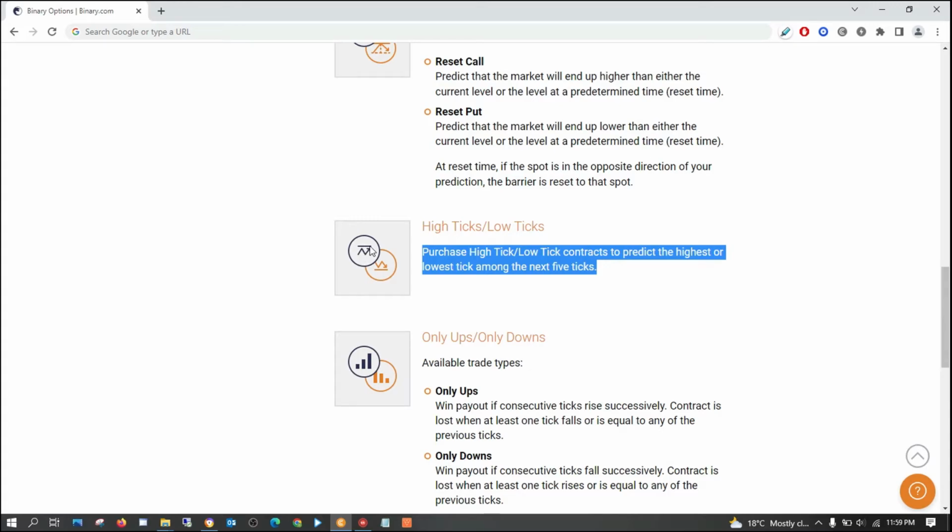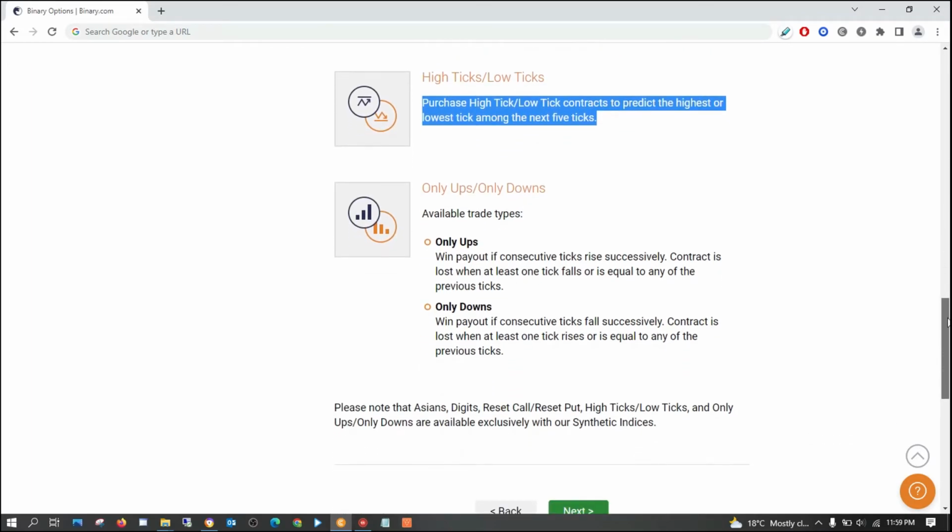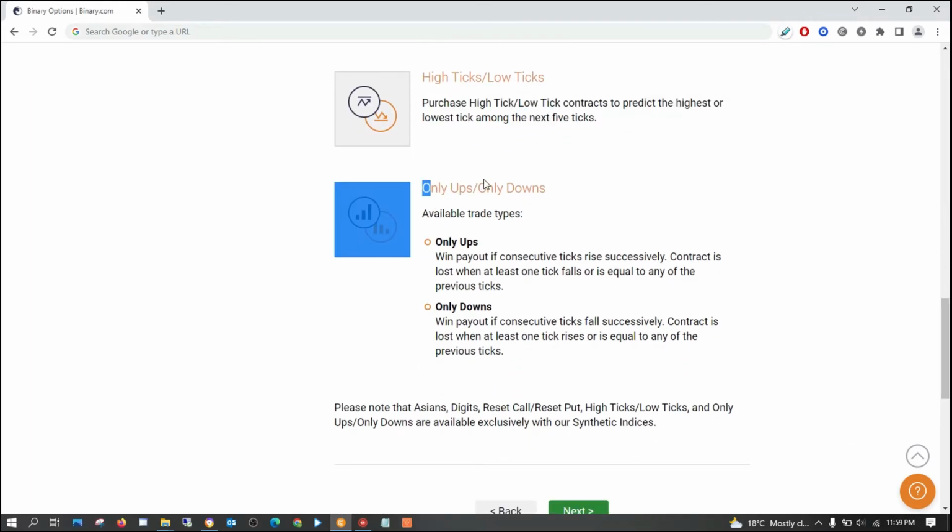So this is the high ticks and this is the low ticks, and the last one is only ups, only downs. With only ups, you win the payout if consecutive ticks rise successfully.